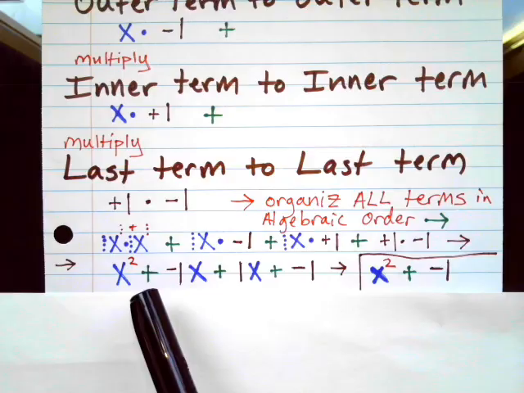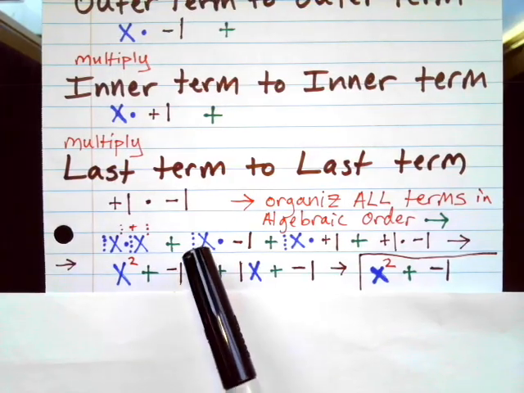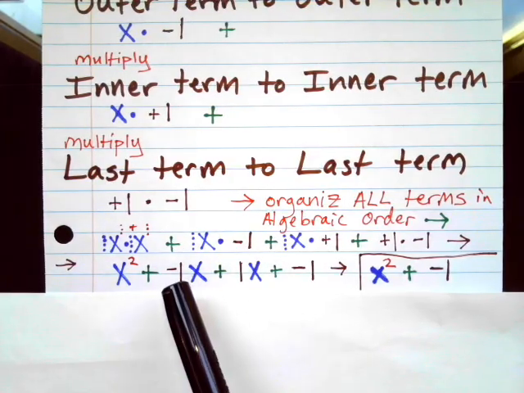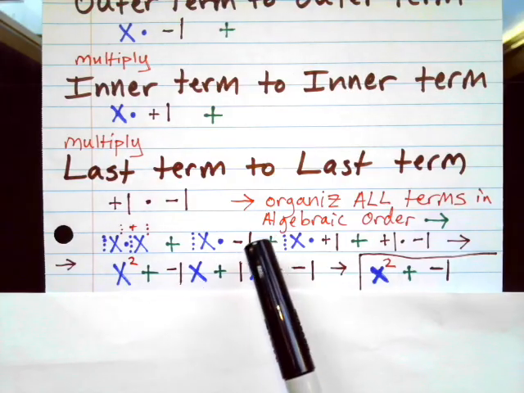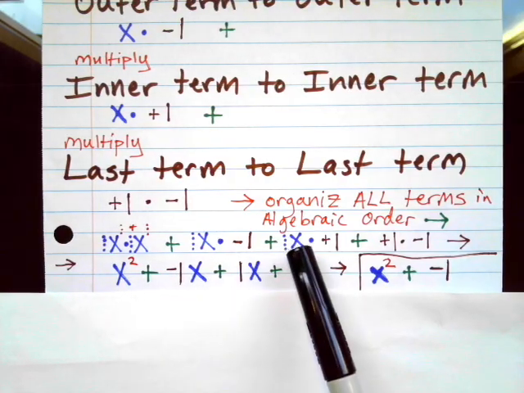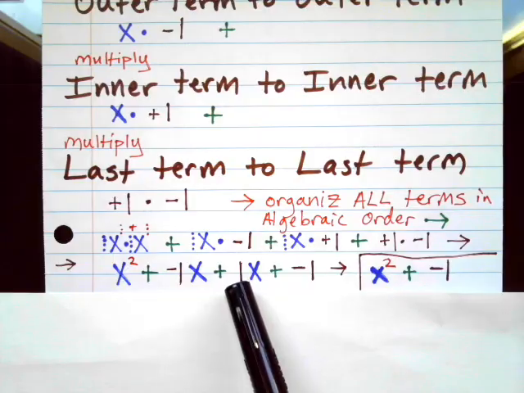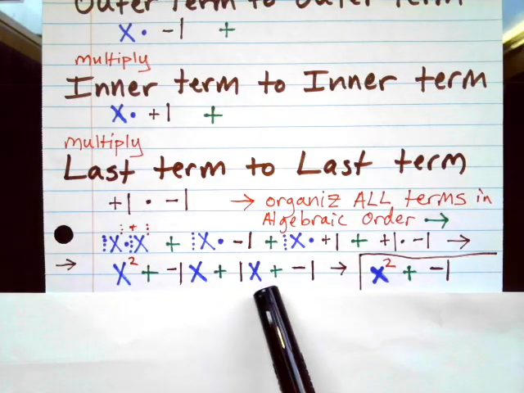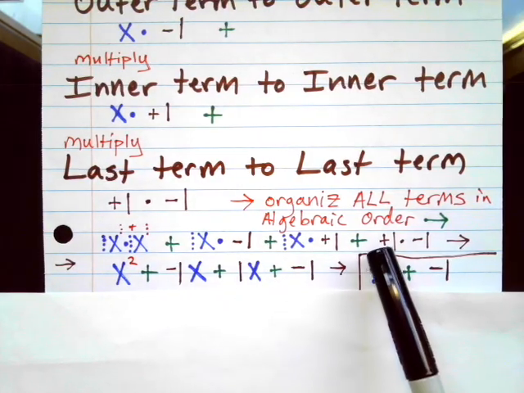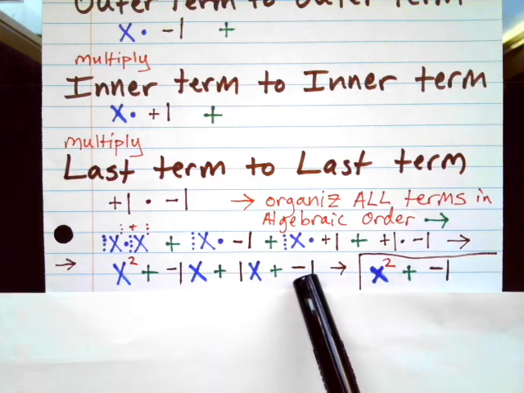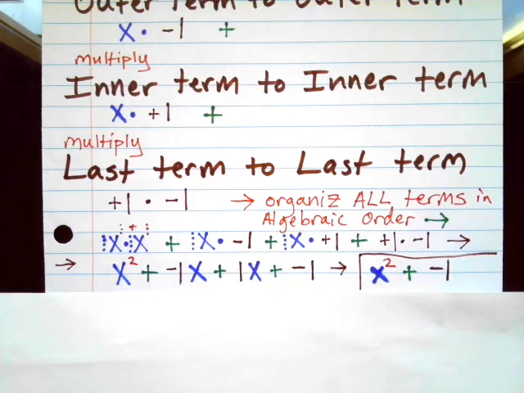I bring down my plus sign. I move on to my next terms. 1x times a negative 1 is negative 1x, plus. 1x times 1 is 1x, plus, I bring down my plus sign. Positive 1 times a negative 1 is a negative 1 term. Okay? So I'm going really slow here, organizing my terms one at a time.